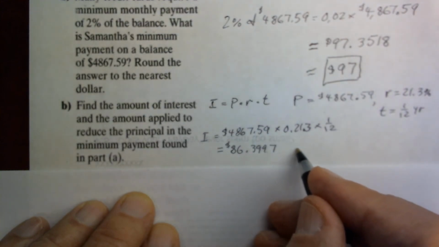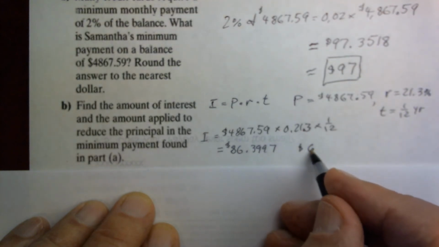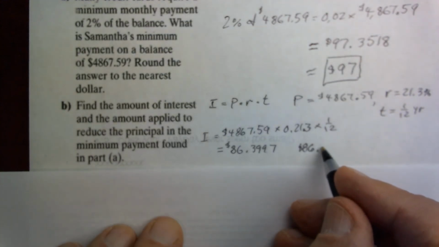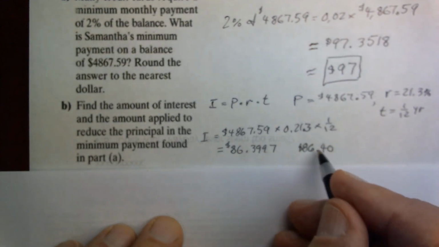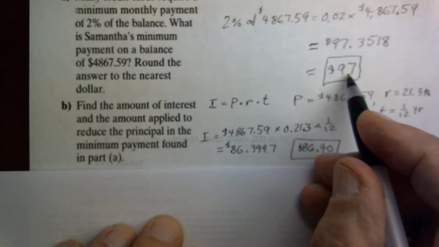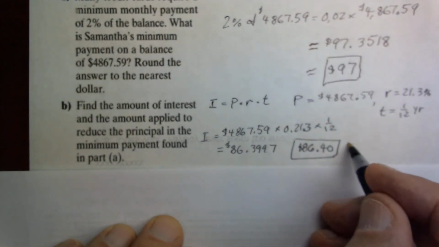So you round it up to $86.40. So that part of a $97 payment is towards interest. That's the interest.